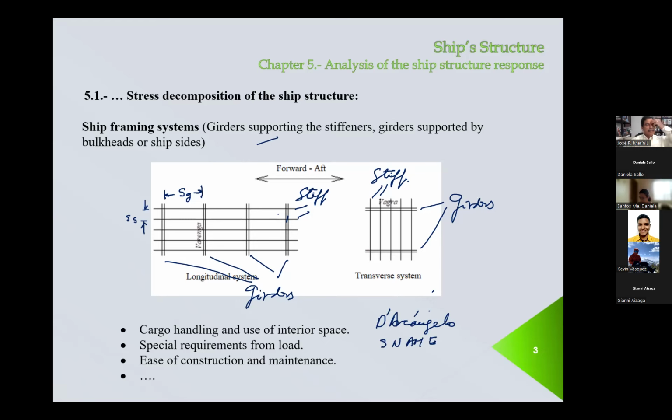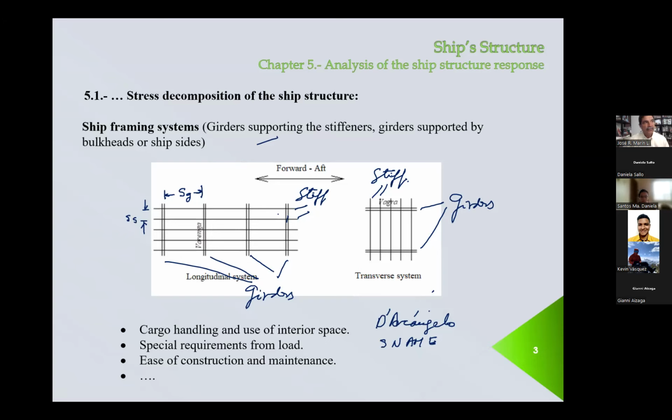Okay, and basically what Professor De Arcangelo did was he considered different types of ships, and he gave you a summary of the positive and negative things about framing systems. So you have a general idea why this, why that. Take a quick review of that, and that will help you.